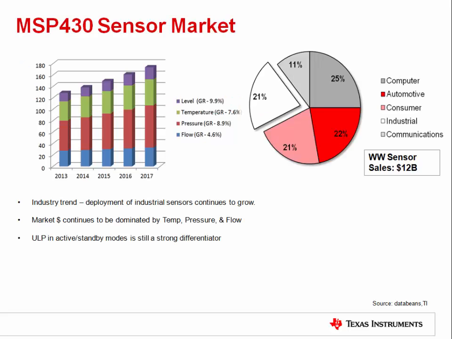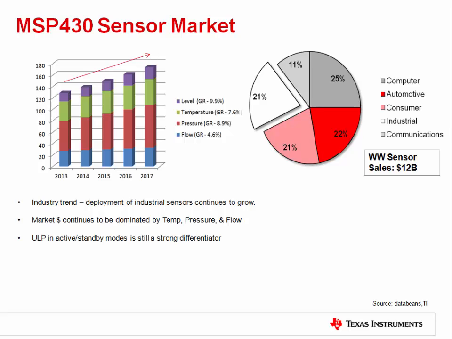The MSP430 sensor market, what we currently see is that the industrial sensor sales is about 21% of the total sensor market worldwide. As technologies continue to advance, we will just continue to see growth in this area, especially for temperature, pressure, and flow.